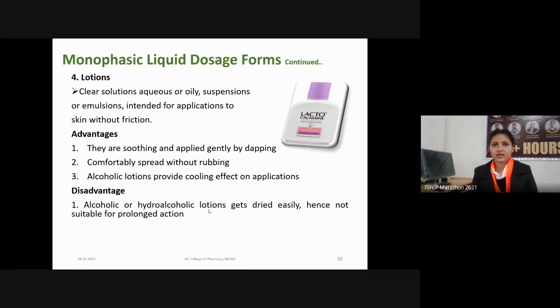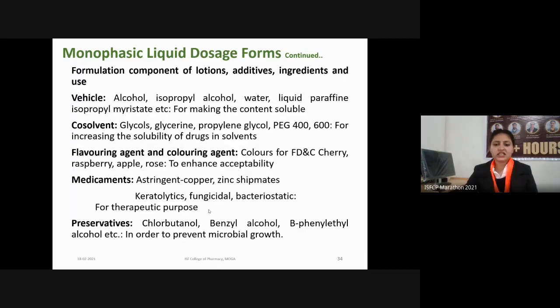The lotions that contain alcohol or hydroalcohol as a base, as a vehicle, are not suitable for prolonged action, because alcohol can get easily dried, it can get easily evaporated, so they are not suitable for prolonged action. These are the disadvantages of the lotions.